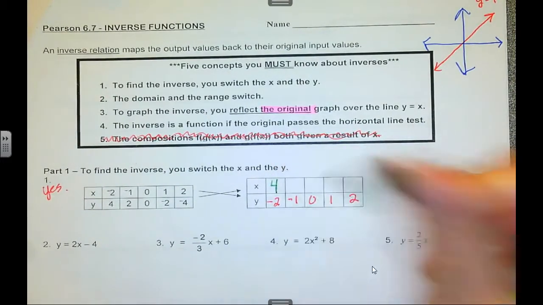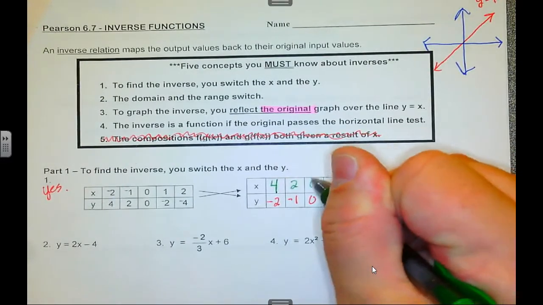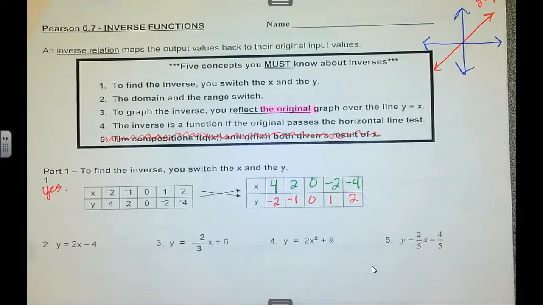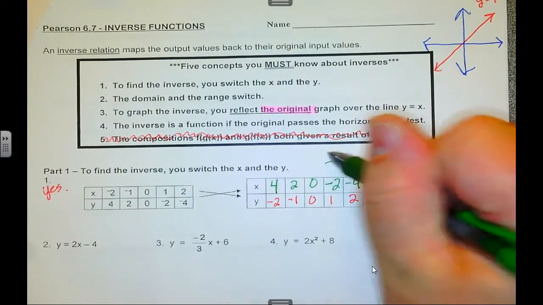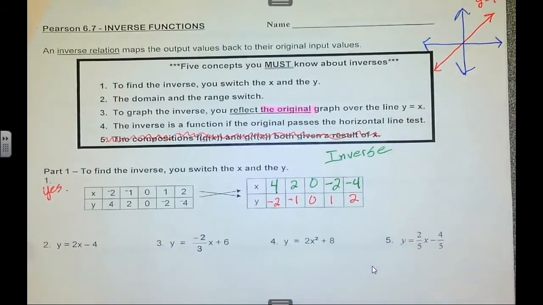My range becomes my domain. 4, 2, 0, -2, -4. Is my inverse, now this is my inverse, because I switched the domain and range. Is my inverse a function? Yes, it is. Good.